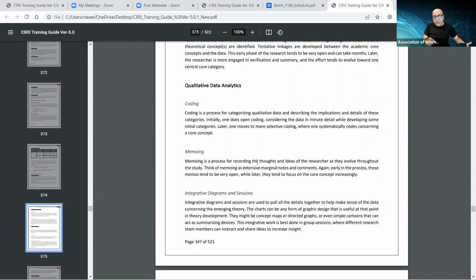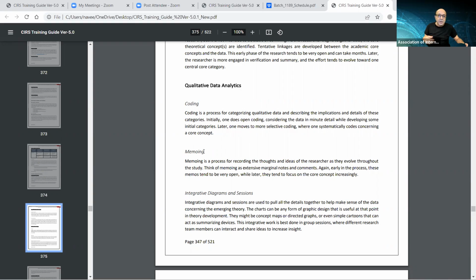So when you are writing the details, you organize them under coding of some sort.